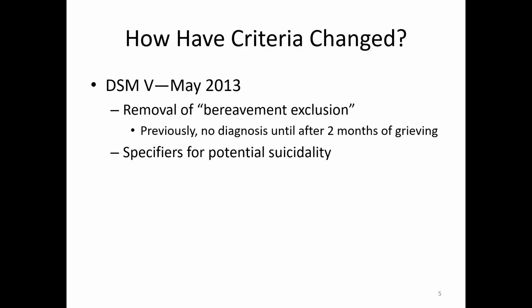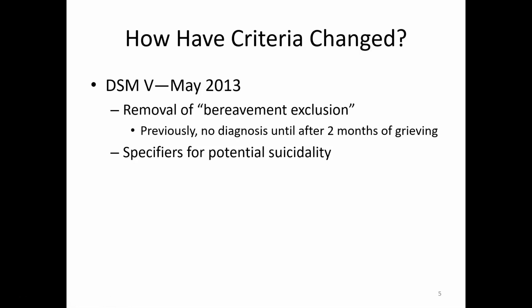Now, we work from the idea that you can be grieving and experiencing depression at the same time. And additionally, there were additional specifiers added for potential suicidality. Who's going to be more of a risk? Who might be less of a risk?